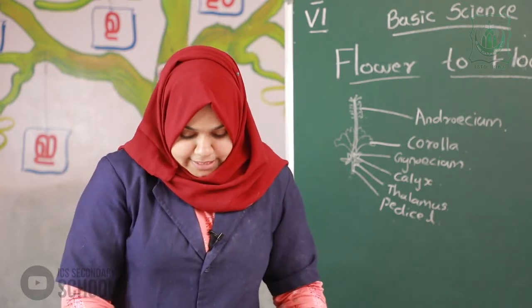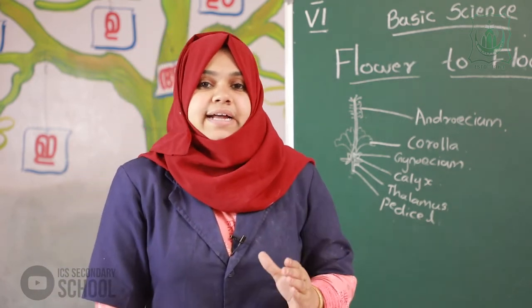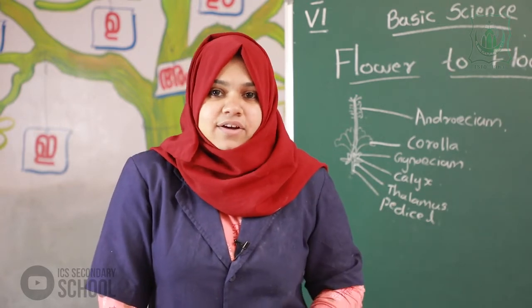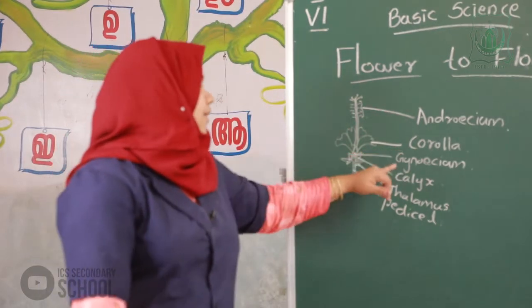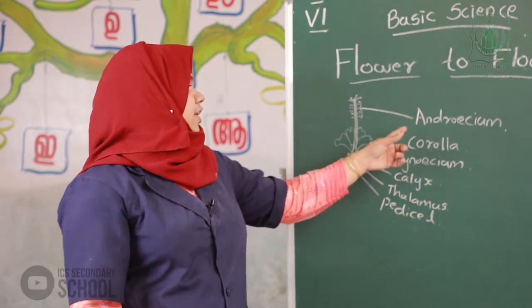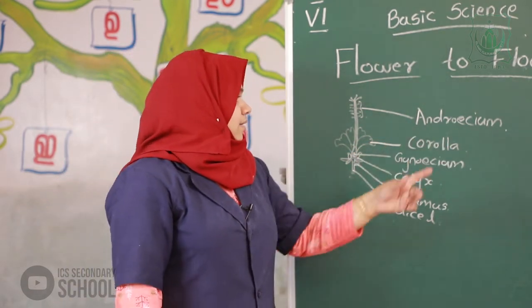Okay. Now we learned what the parts and their functions are. What are the parts? We already said androecium, corolla, gynoecium, calyx, thalamus, pedicel. We know that androecium is the male reproductive part of the flower.